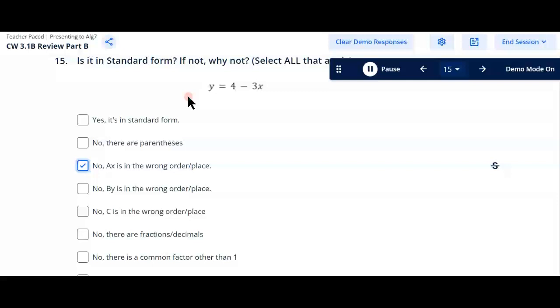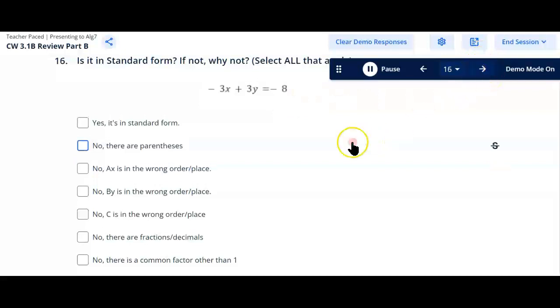If I fix that and move it to the front, in doing so, it would become positive and it would no longer have a problem with y being out of place. Y isn't doing anything wrong. It's on the left where it's supposed to be. It's doing everything it can to be in the right place. AX is the one that's doing something wrong.